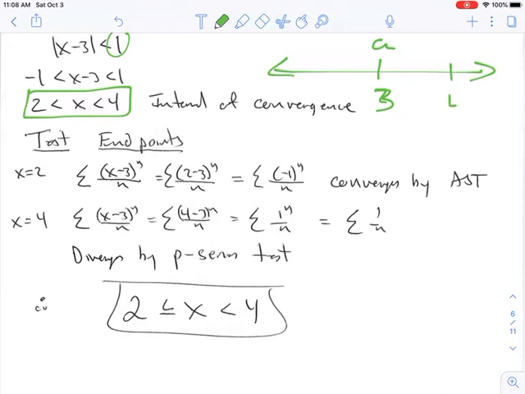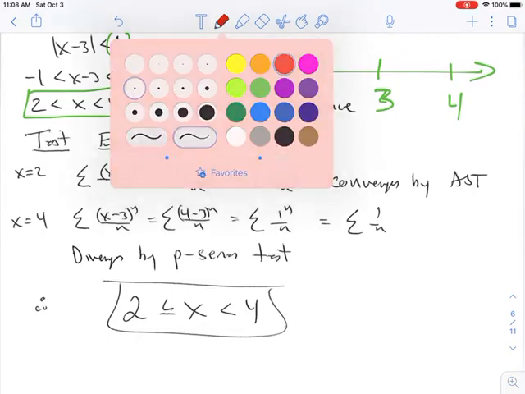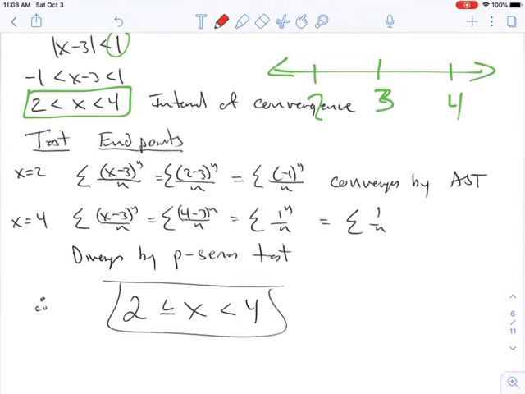And then we have an interval from 2 to 4. And so what we want to do now is determine, our interval is going from here to here. Do we include the 2? Do we include the 4? Is it an open circle or closed circle?